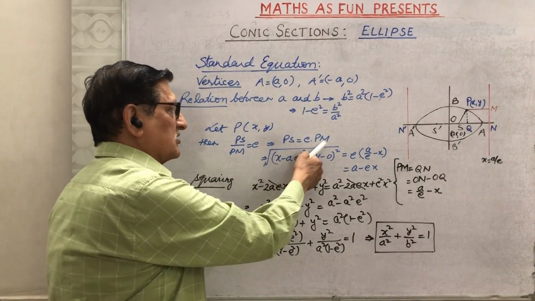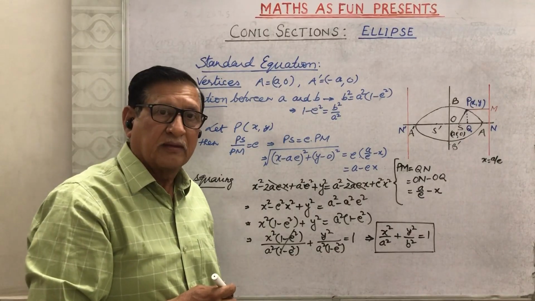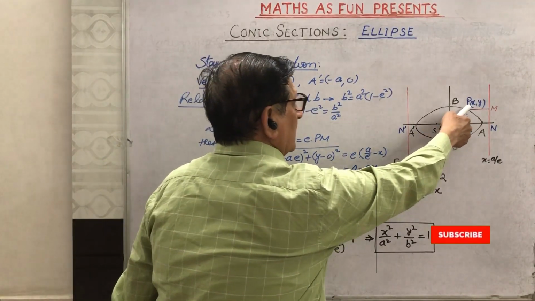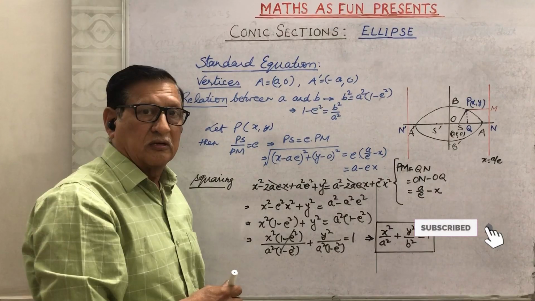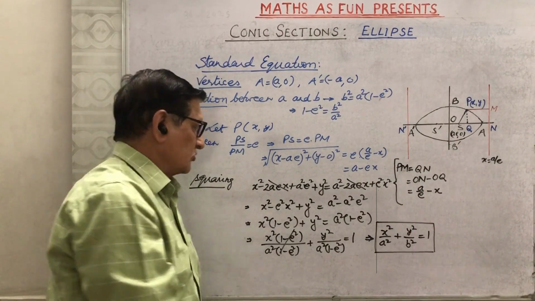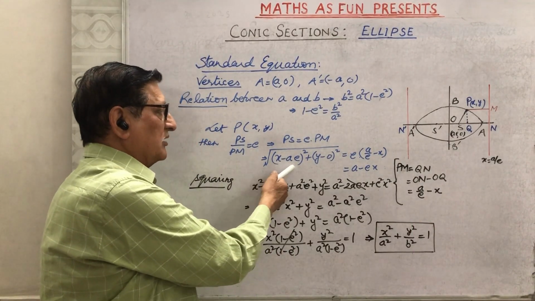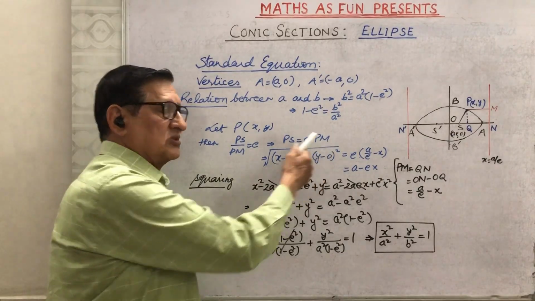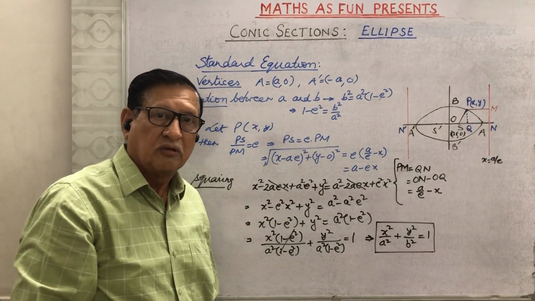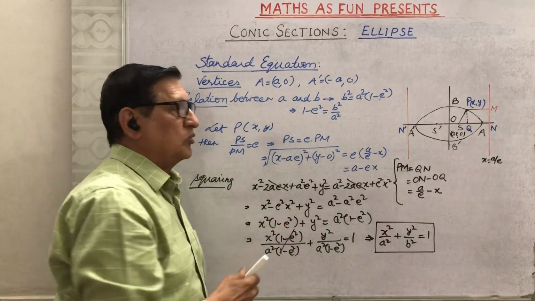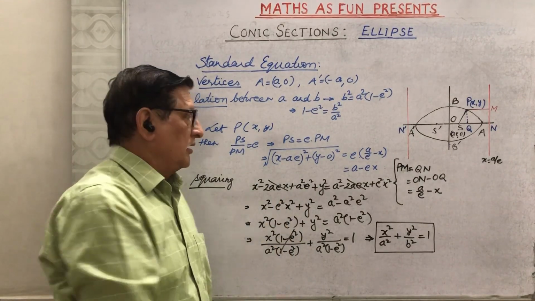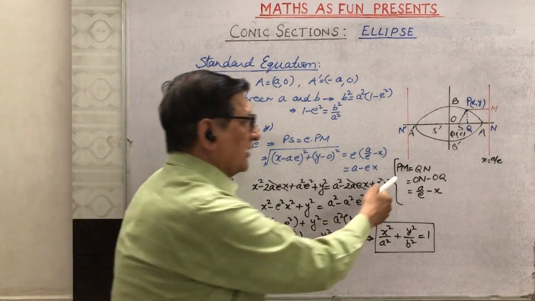It means PS is equal to e into PM. PS is the distance between the focus and this point P, so the distance formula can be applied. That will be root of (x minus ae) whole square plus (y minus 0) whole square equal to e into PM. We find the length of PM.